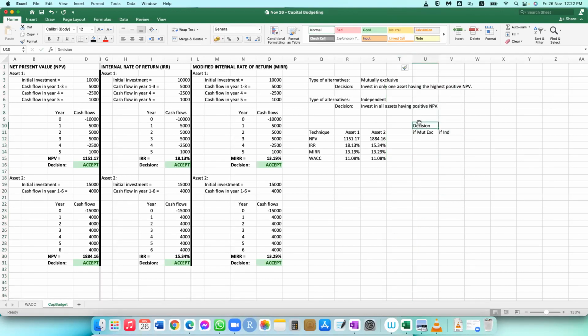Actually, there is no standard format. This is what I'm doing by myself. You can also have your own framework, no problem with that. So I'm summarizing in my own way, just to give you an example. When you become a professional manager, you might have a better way of presenting things.